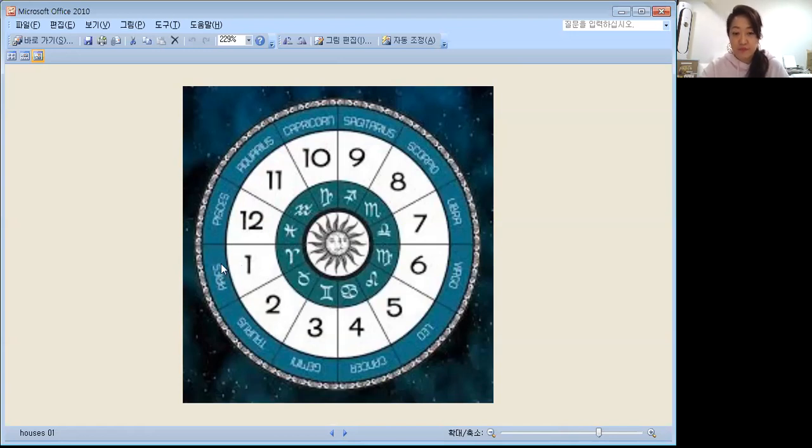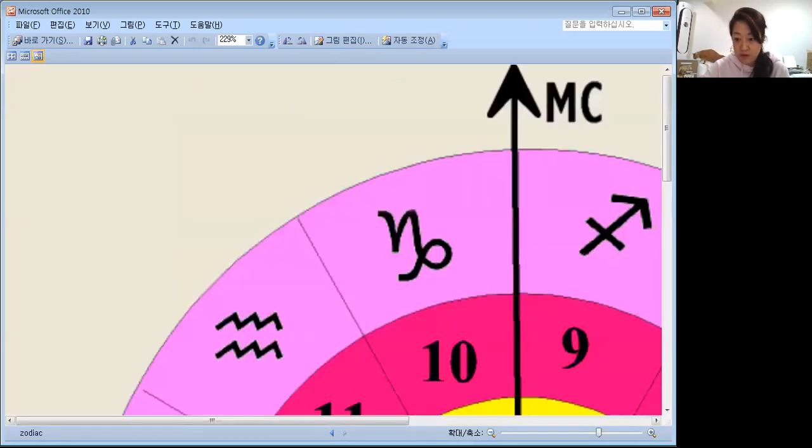It's really helpful to know these symbols if you want to get good with astrology and learn how to read charts fast. But if you just want to know your own chart, then just have a cheat sheet and write things down. That's what I used to do in the very beginning. Okay, so this is how the houses are laid out and what the meanings of the houses are. Now I'm going to show you.